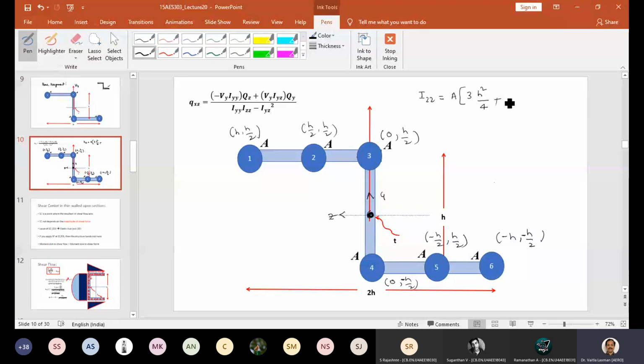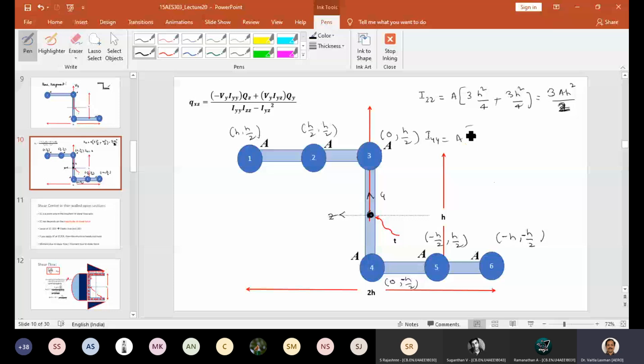So 3 times h square by 4. So what is that? 3A h square by 2. Right?